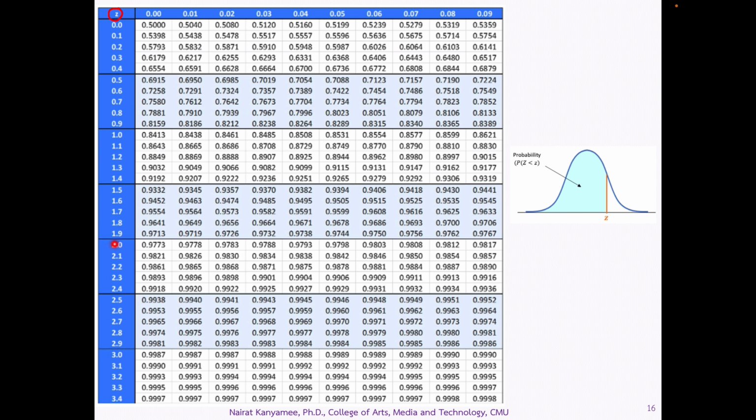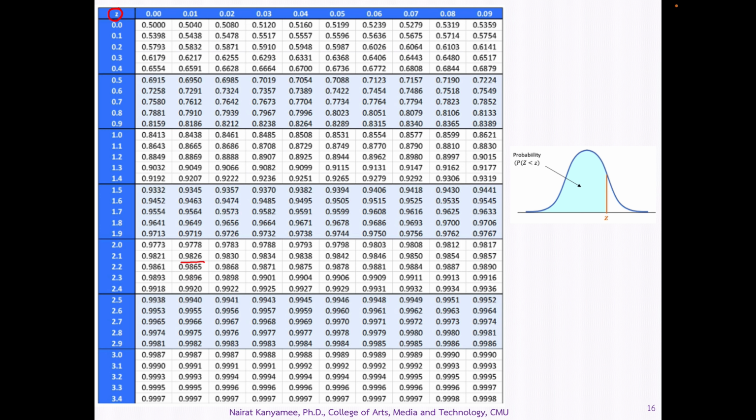So if your z is 2.01, you have to read it right here. To the left is the row, and up top is the column for the second decimal place; the first place is here.